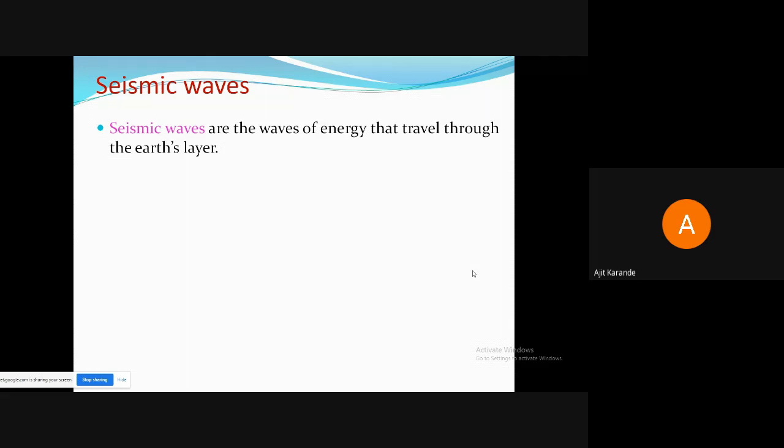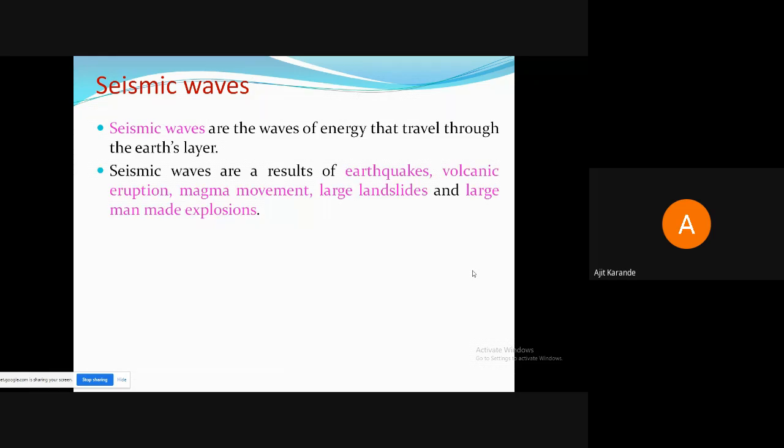Some of the waves travel only on the earth's surface. Some of the waves travel in the body of the earth as well. So seismic waves are results of earthquakes, volcanic eruptions, magma movements, large landslides, and large man-made explosions.